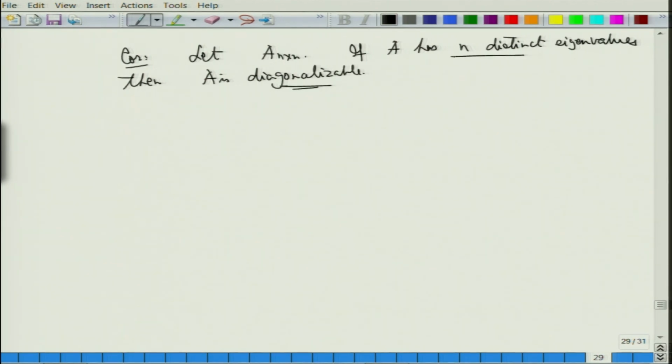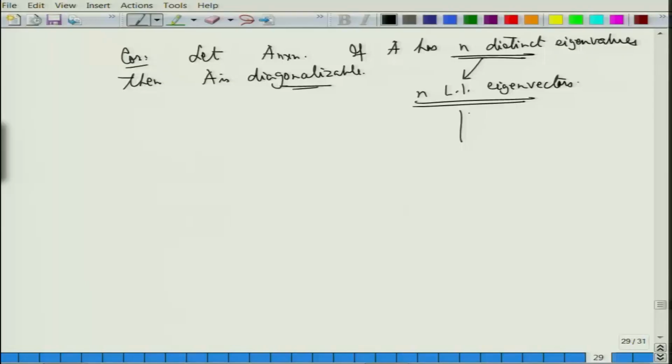So, you are saying that it has n distinct eigenvalues. So, n distinct eigenvalues means there will be n linearly independent eigenvectors, and what we saw was that A is diagonalizable if and only if it has n linearly independent eigenvectors. All right. So, this was the same thing as, or equivalent to, saying that A is diagonalizable.